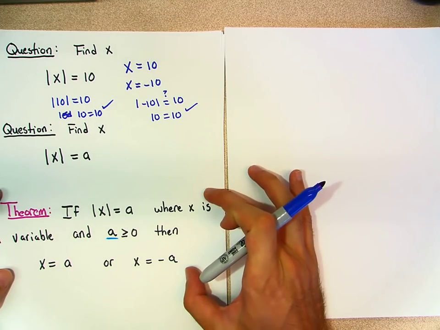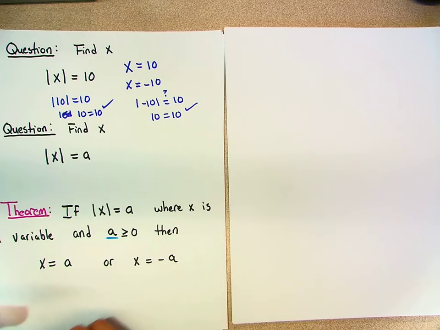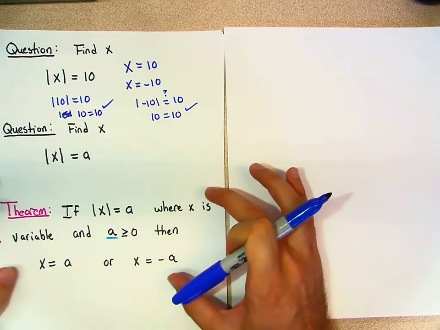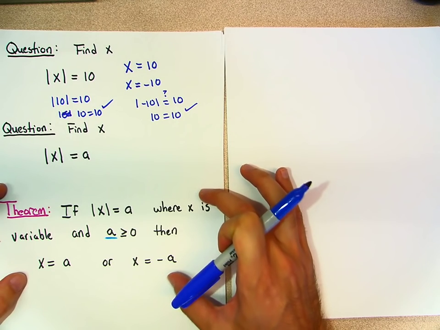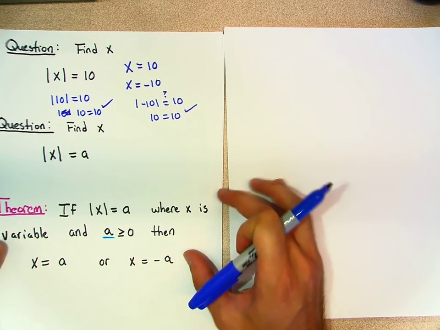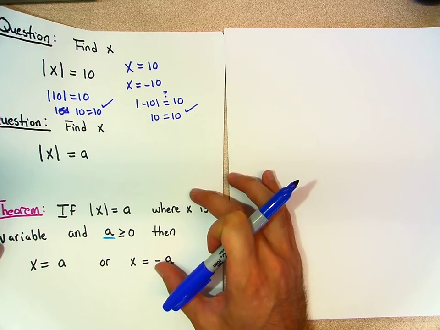When you first read this, you're like, Mr. G, what on earth are you talking about? I don't understand. You went too fast. Well, let's do some problems, and we'll see if this theorem can make sense for us, all right? I want you to write it down, and we're going to go back to this theorem every single time.